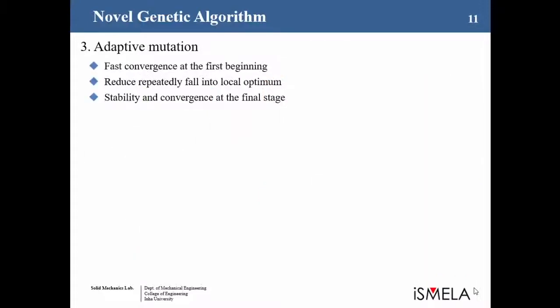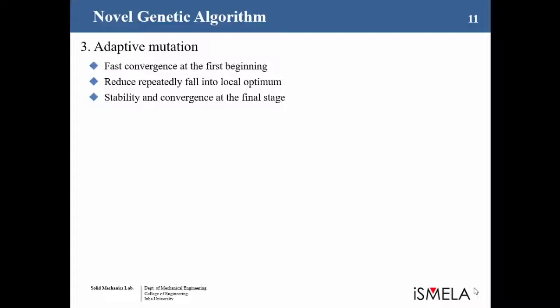And in many genetic algorithms and hybrid genetic algorithms, the mutation probability is set as a constant all the time. As a result, the evolution will fall into local optimum rapidly.